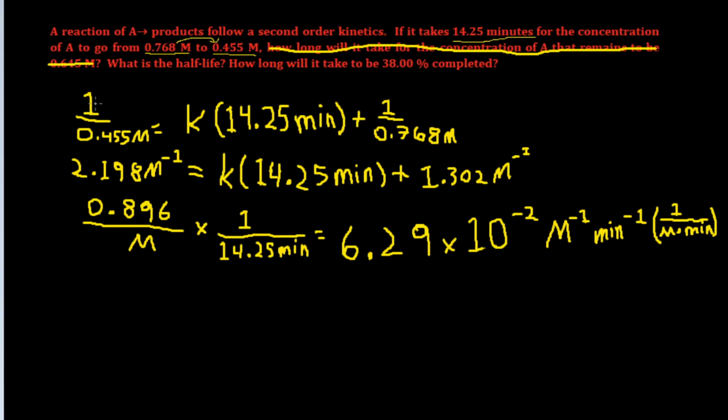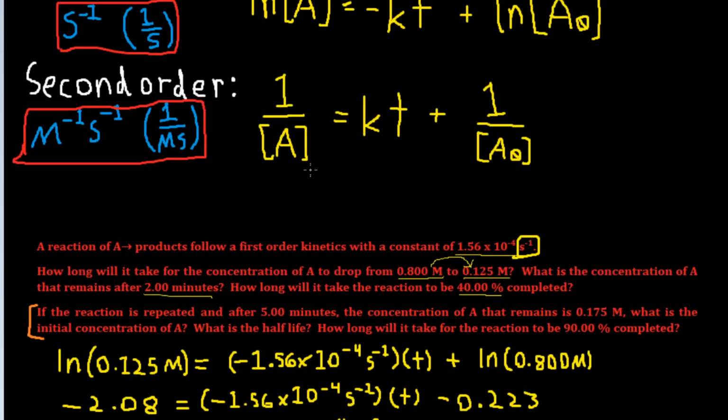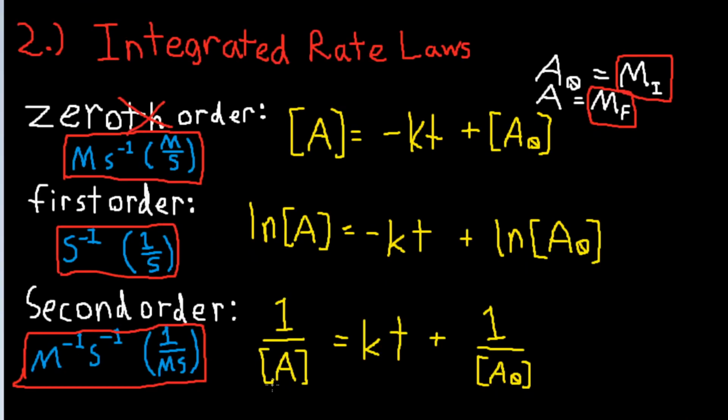Now first we'll be using our second order kinetics equation, because it says it's second order kinetics, and that will be 1 over the final molarity value equals the constant, which we're trying to find here, times time plus 1 over the initial molarity value.